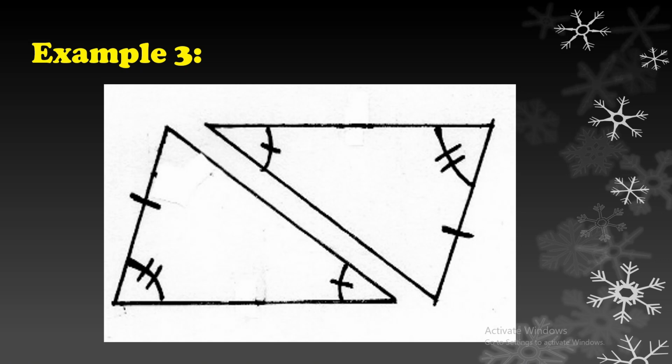Using the marked congruent parts, can we prove that those two triangles are congruent using the AAS congruence theorem? Very good. It's a yes because there are two pairs of congruent angles and a pair of non-included sides. So those are the triangle congruence postulates and theorem.